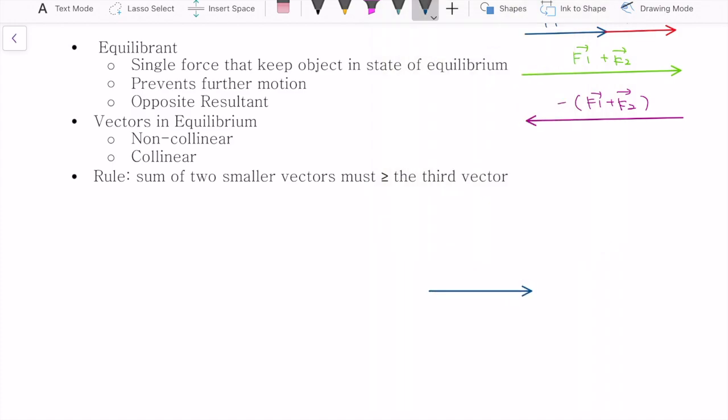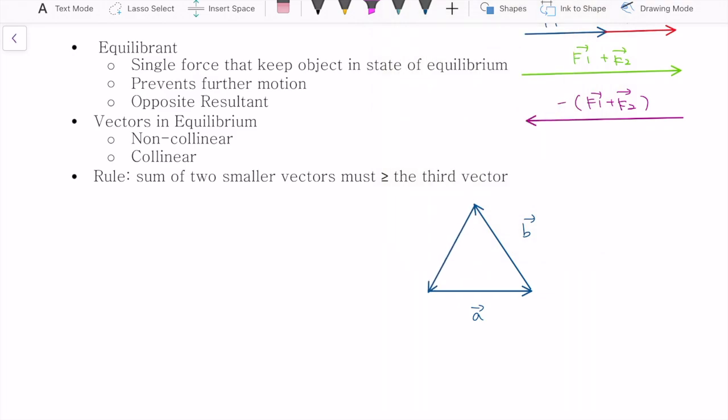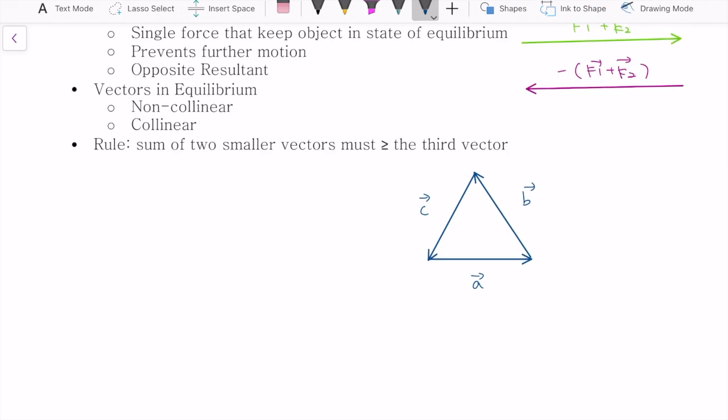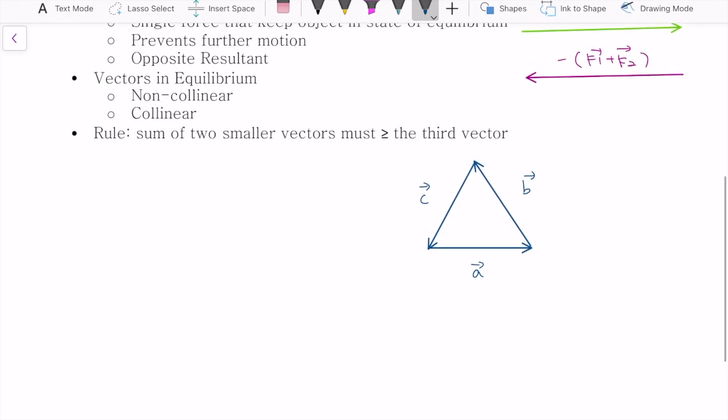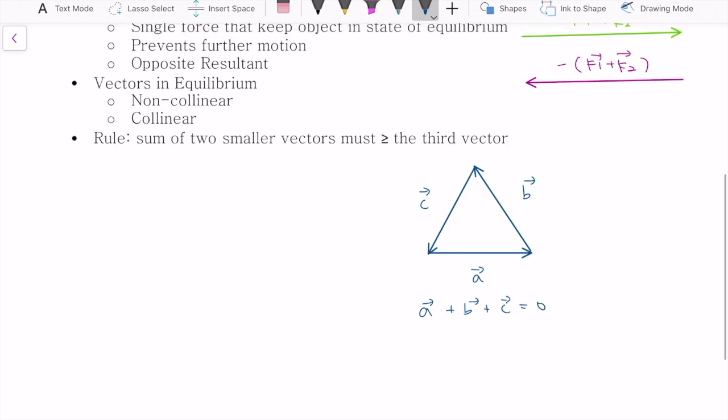Let's say this is one vector, we'll call it A. This is another vector, we'll call it vector B. And this will be the third vector, vector C. So these vectors are three non-collinear forces that are in equilibrium, because A plus B plus C equals 0.